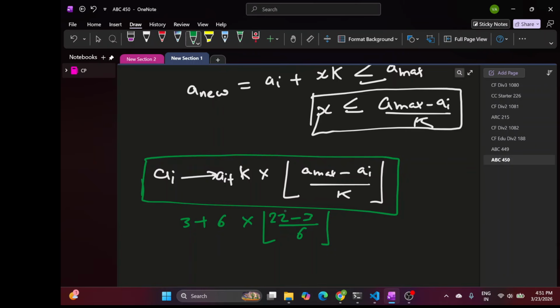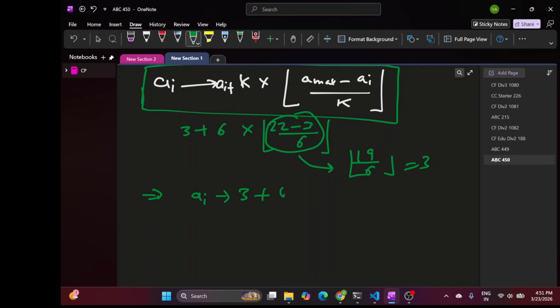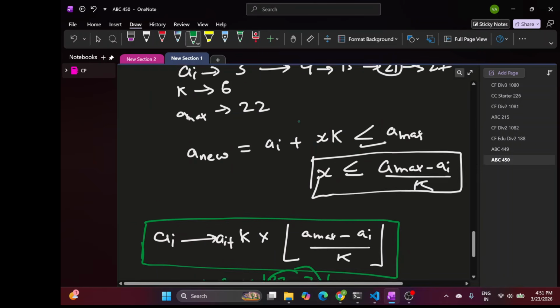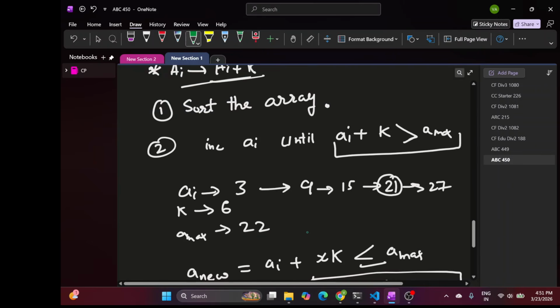So this is 19 by 6, which floors to 3. So basically, Ai is 3 plus 6 into 3, that is 21. So we can find the value for all these in O of 1.